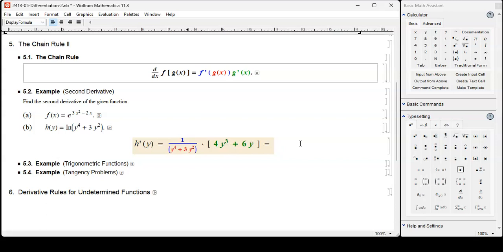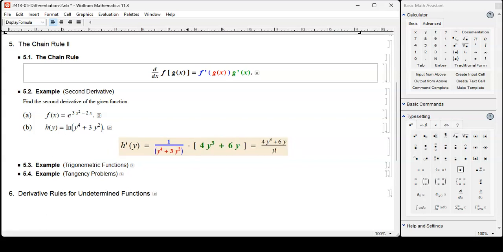So we get 4y to the 3rd power plus 6y over y to the 4th power plus 3y squared. So whatever is inside goes to the denominator, and the numerator is the derivative of the inside. Okay, the derivative computation is done.